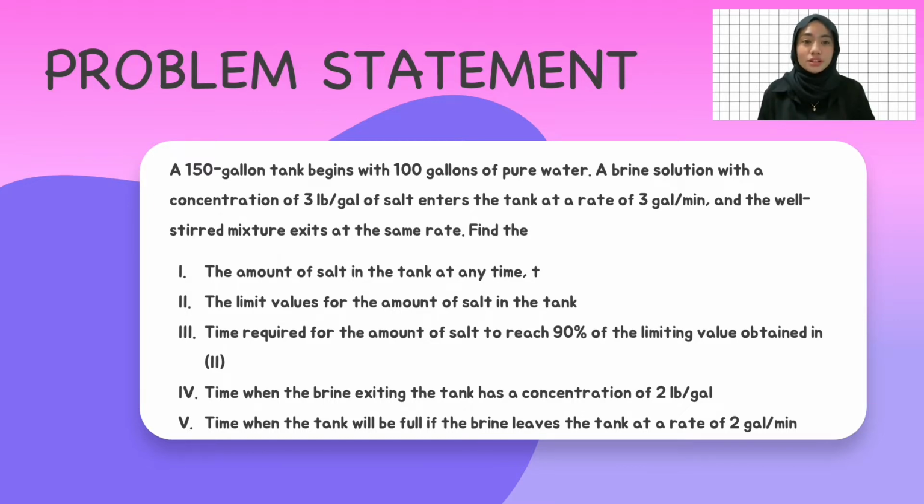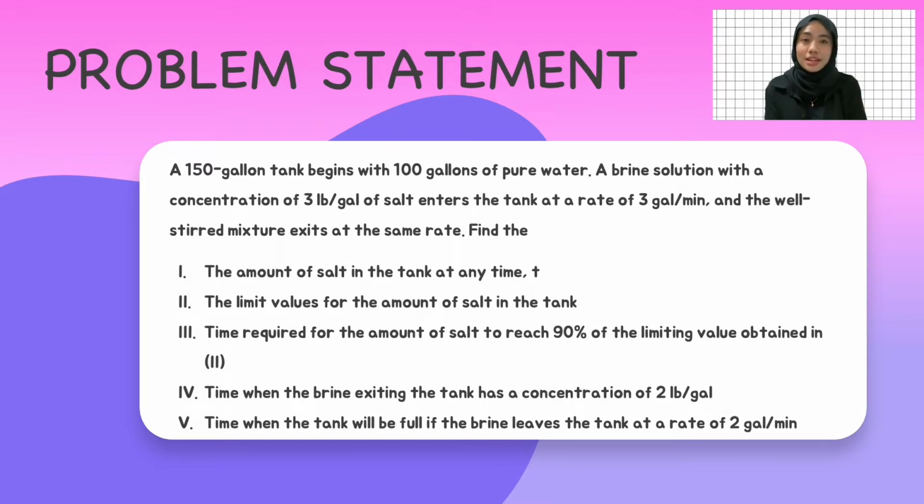2019203764. The problem statement for our assignment is a 150 gallon tank begins with 100 gallons of pure water. A brine solution with a concentration of 3 pounds per gallon of salt enters the tank at a rate of 3 gallons per minute, and the well-stirred mixture exits at the same rate.